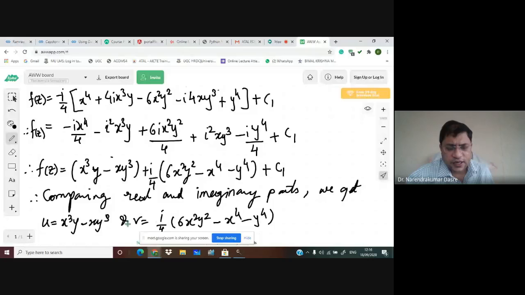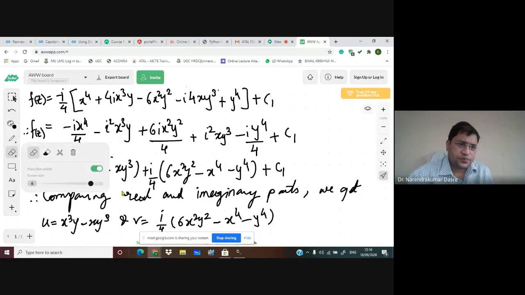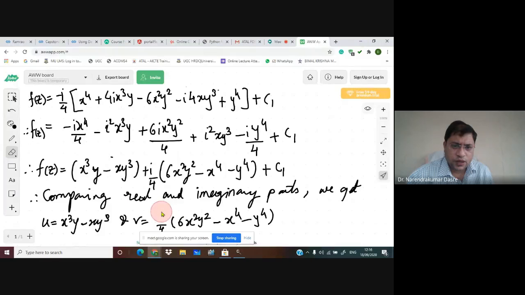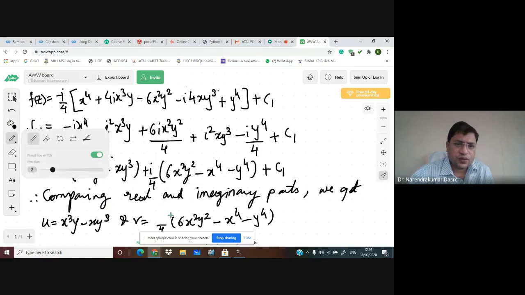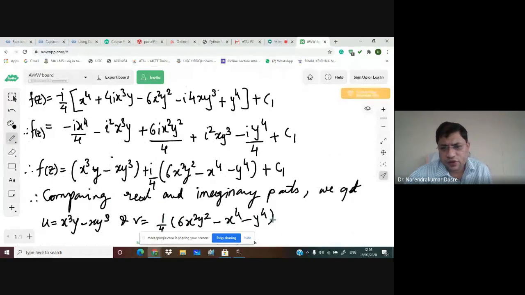Okay, but we are interested in the family of curve. So if I compare this, yeah, here I can omit to write this i. Okay, so I can write this 1 by 4. So if we want a family of curves, so if I compare this equal to constant, then it becomes family. So here this equal to constant will become a family.